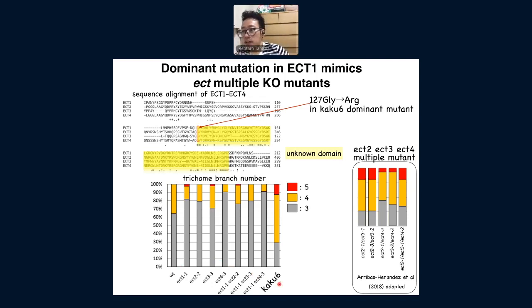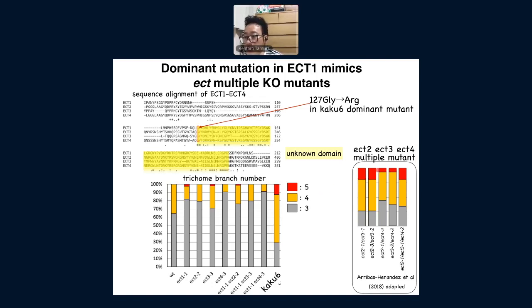As I showed you in the earlier slide, the KAK6 dominant mutant shows increased number of trichome branching. However, the ect single knockout mutant and double mutant with ect1 show no obvious phenotype. They are similar to wild type.